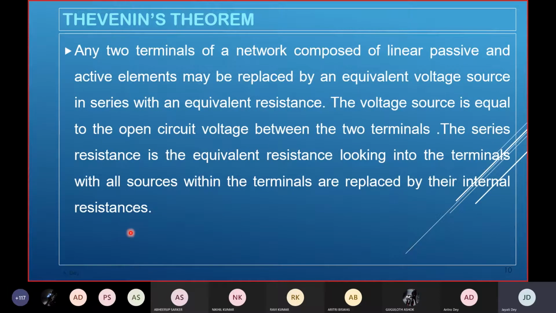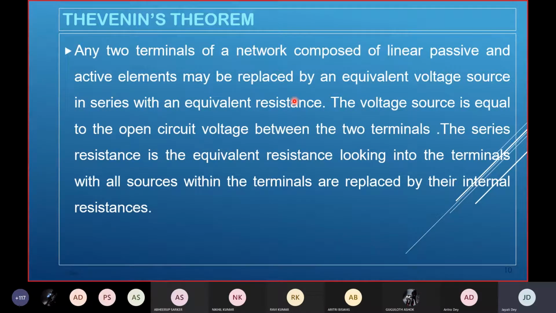Next, I am moving to Thevenin's theorem. Thevenin's theorem states that any two terminals of a network composed of linear, passive, and active elements may be replaced by an equivalent voltage source. Suppose there is a network having several resistances, inductances, capacitances with a voltage source, and a load connected across it. We can replace that with a single voltage source in series with its equivalent internal resistance and the load, and find out the load current accordingly.